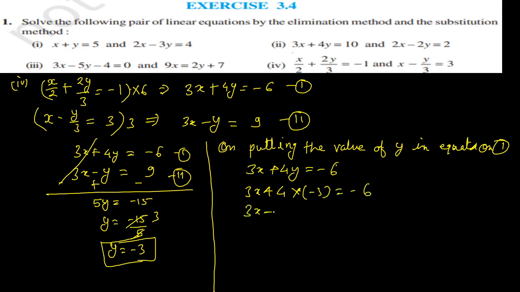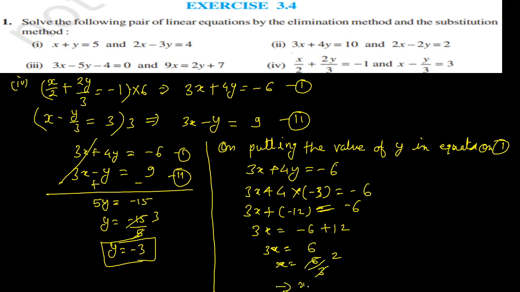On solving this, 3x minus 12 is equal to minus 6. So 3x is equal to minus 6 plus 12. 3x is equal to 6. x is equal to 6 upon 3. 3 2s are 6. So this will give you x is equal to 2. Simple.